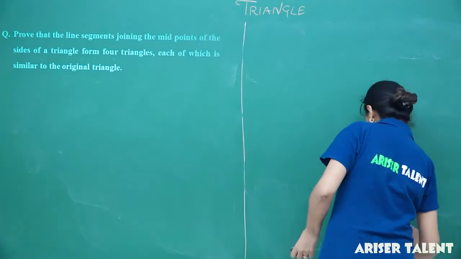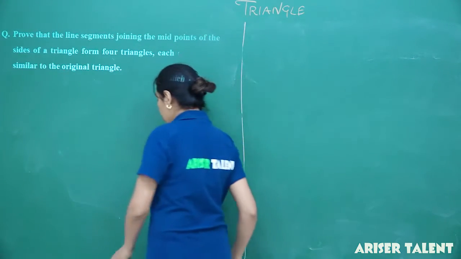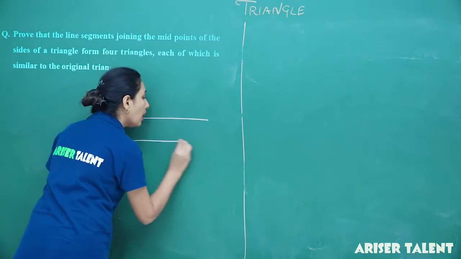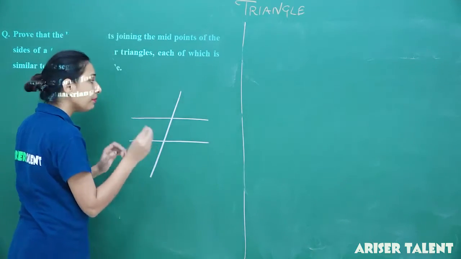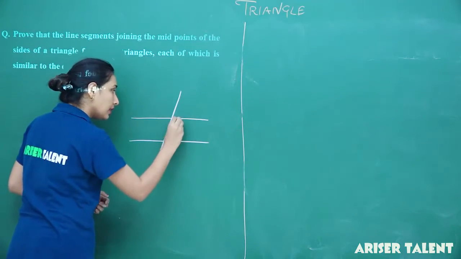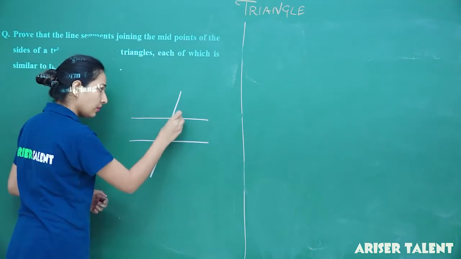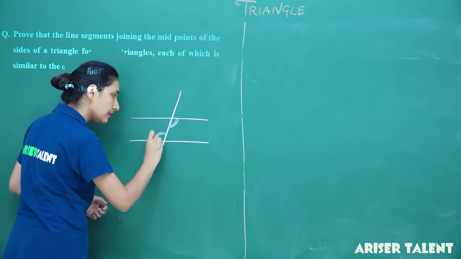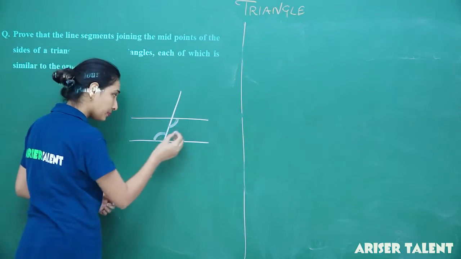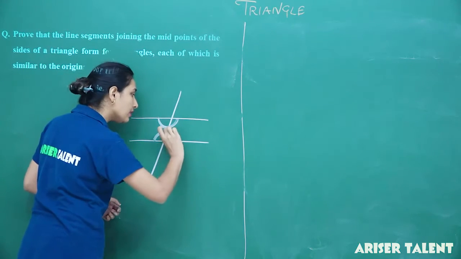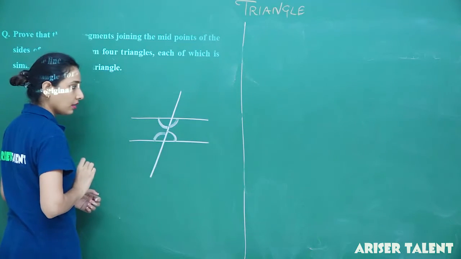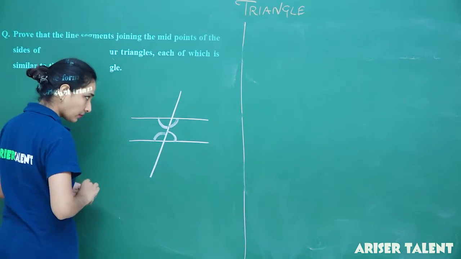And for your small help, I'm telling you this: if these two lines are parallel and this line is intersecting them, then mark this, that this angle will be equals to this angle. Now, this angle will be equals to this angle, okay.